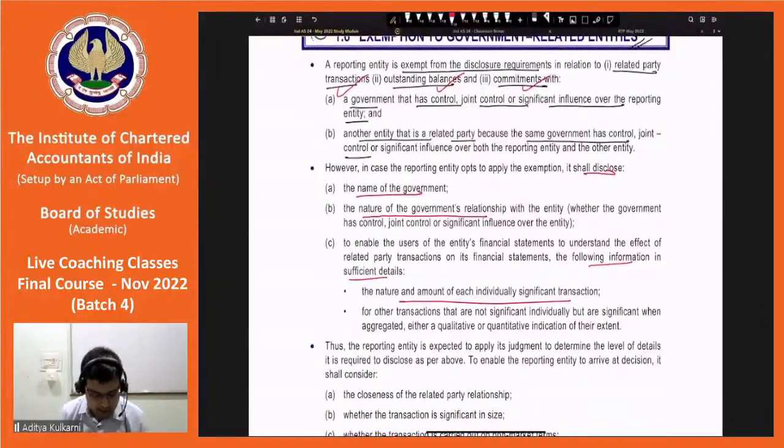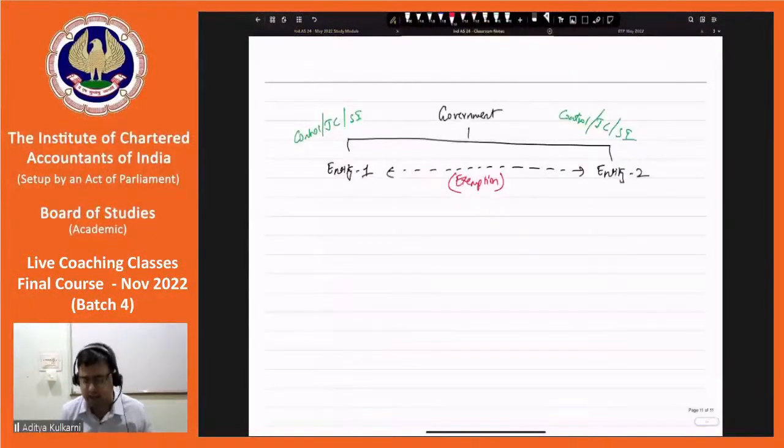For other transactions not significant, either qualitative or quantitative. ये तो कोई follow नहीं करेगा, because they will say the transactions are not significant. Okay. But if you can, it will promote transparency. So government entity 1, entity 2 will not be related, and will be able to enjoy the exemption.